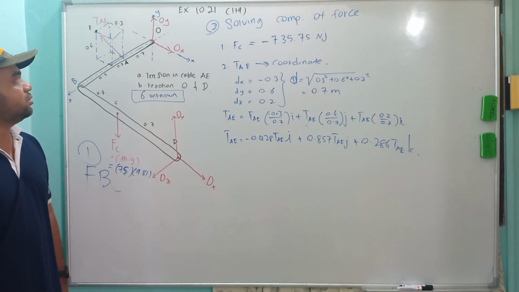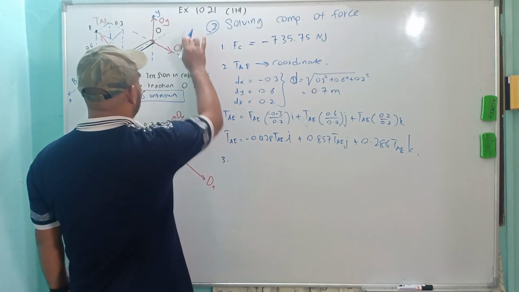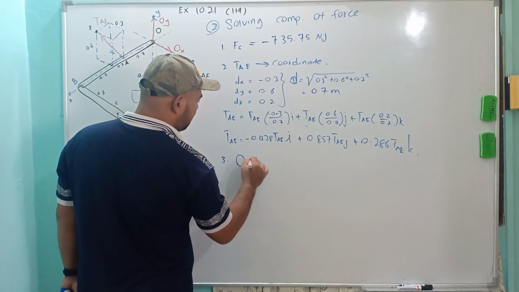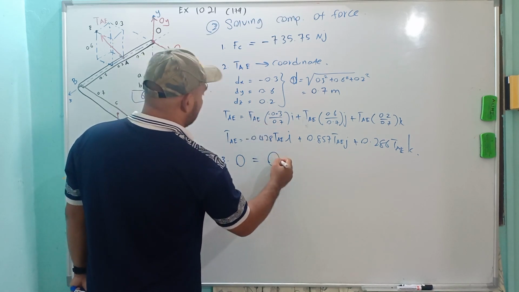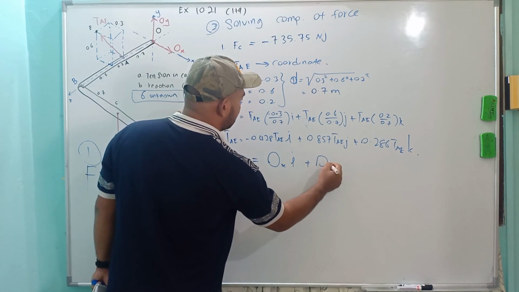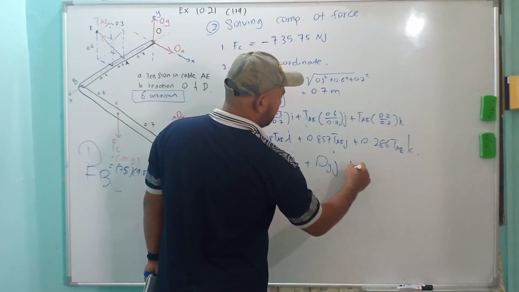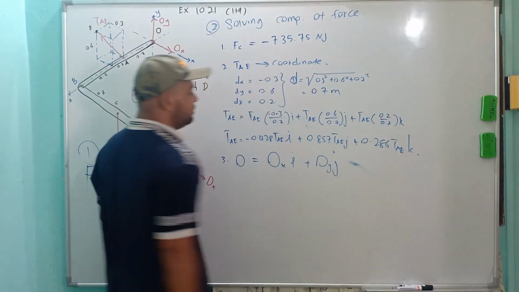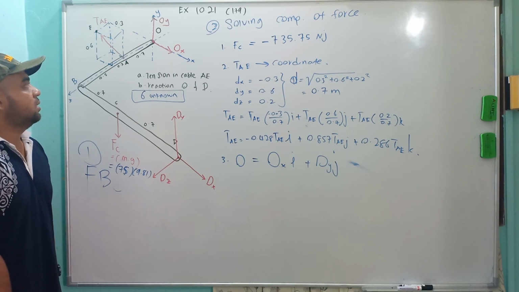So you have the second one, which is the TAE. And then we go to the reaction at number 3. Let's say we go to O. At O, you will have OX i plus OY j plus 0 k.